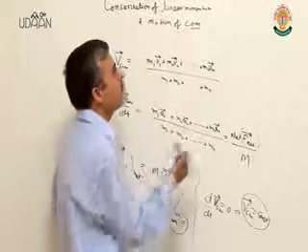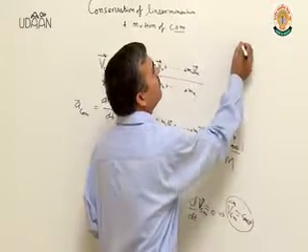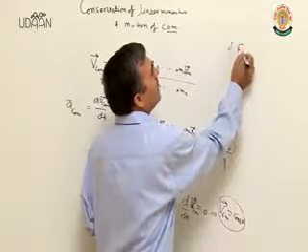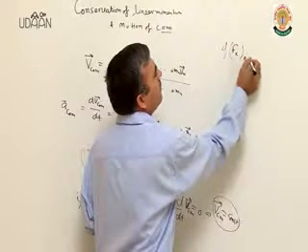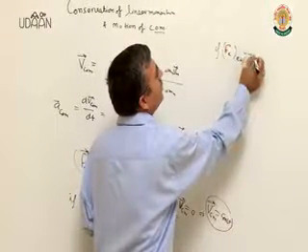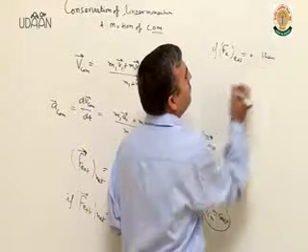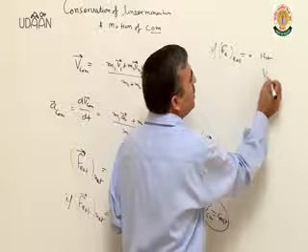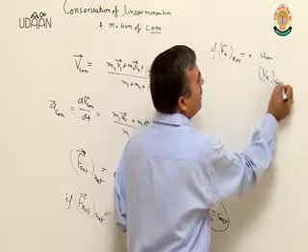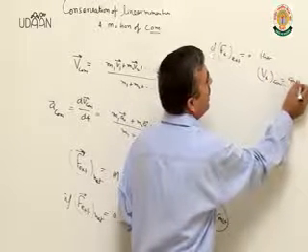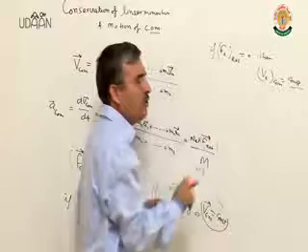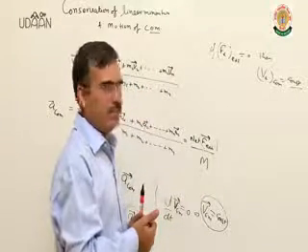For example, if F_x external is 0, then the velocity of the center of mass in the x direction will be constant. If it is 0 initially, it will remain at rest.